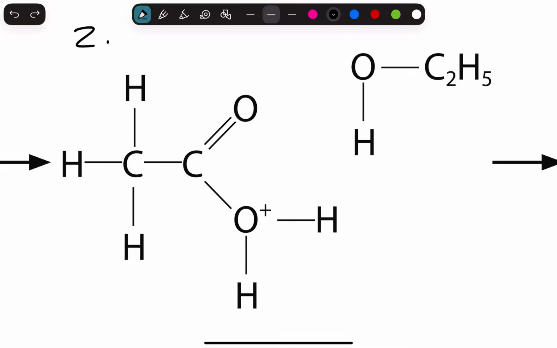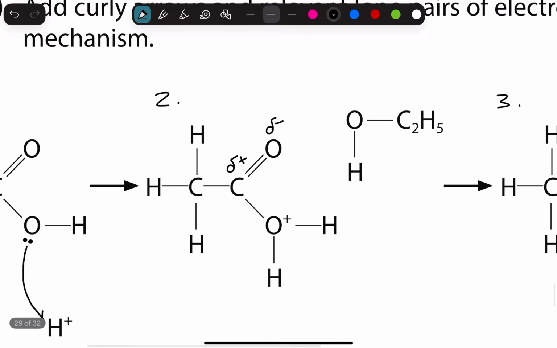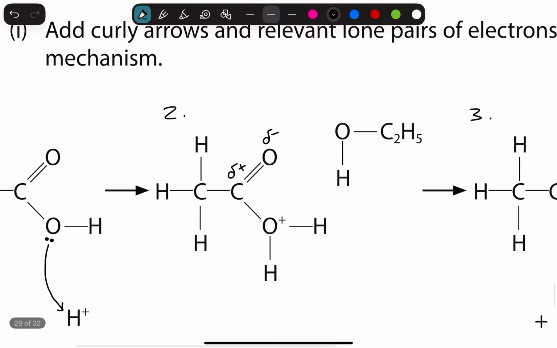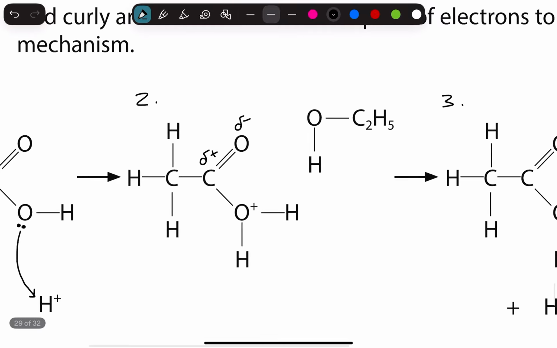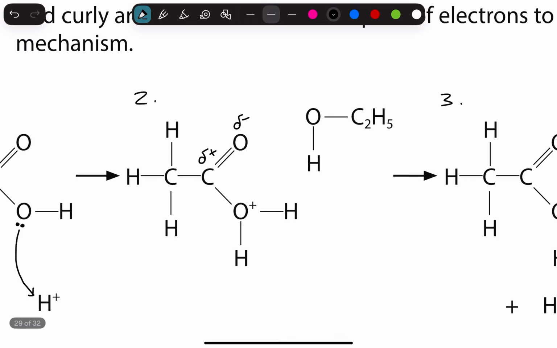And if you have revised carbonyls, you would know that the oxygen is more electronegative, of course. So that would be delta negative with a slightly negative charge. And then the carbon would be slightly positive. The question doesn't require you to write that down, but I think it's really useful, just to show the examiner that you know what you're on about, and also to help you reason through it.